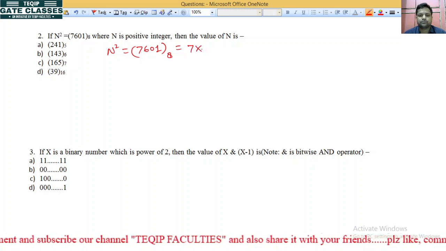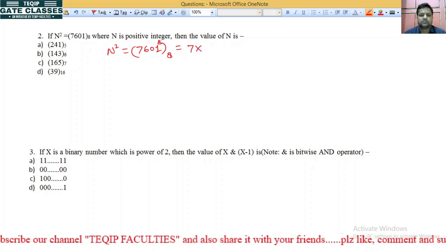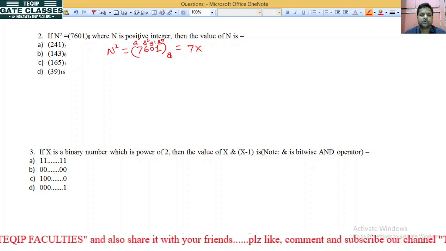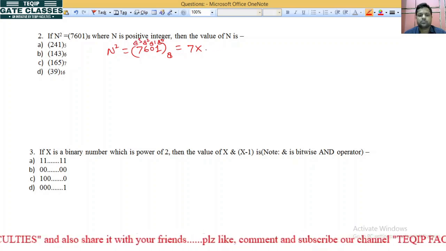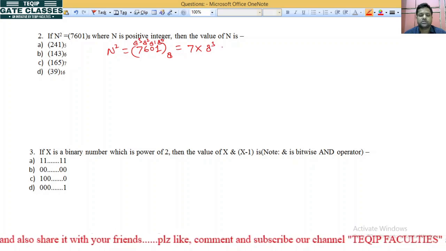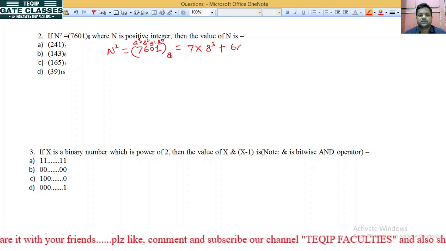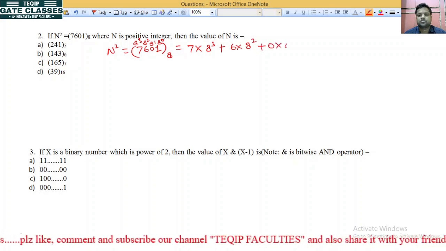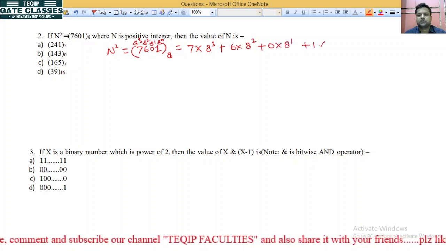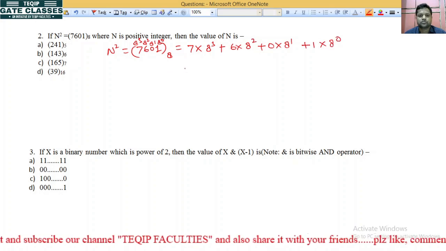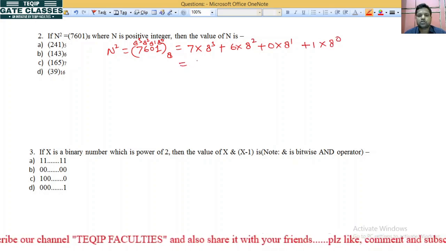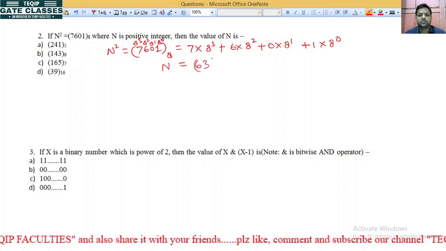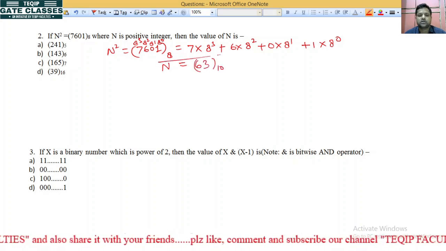So 7 into, what is the weight of this? 8 to the power 0, 8 to the power 1, 8 to the power 2, 8 to the power 3. 7 into 8 to the power 3 plus 6 into 8 square plus 0 into 8 to the power 1 plus 1 into 8 to the power 0. So when you solve it, you will get n square equal to 63 squared in decimal.